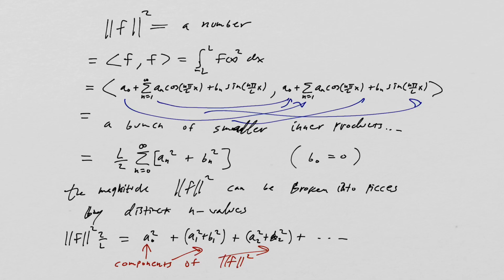Okay, so with that put down, what we're now going to talk about is those components: basically, how much of f is in each one of these components. And that is what we now define as the energy spectrum. We're actually going to give it a name.